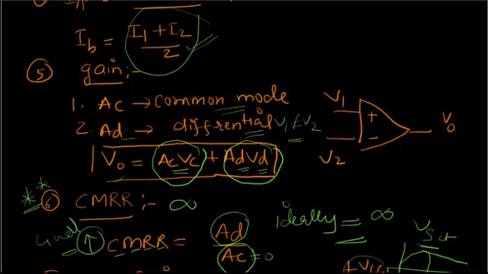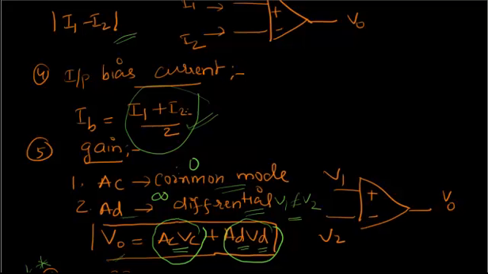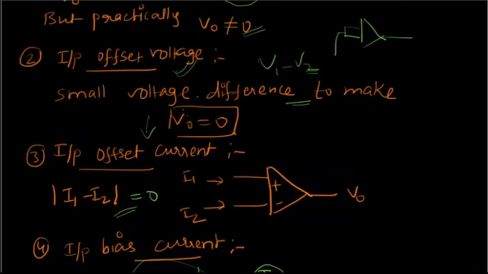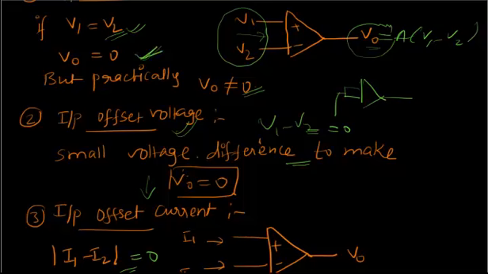Next, the common mode gain AC should be 0, and the differential gain should be high, so it should be infinity. For the bias current, both currents should be equal in an ideal case, so it will be I, whatever the input current is, and here this should be 0. Similarly, this should be 0, and the offset will also be 0.